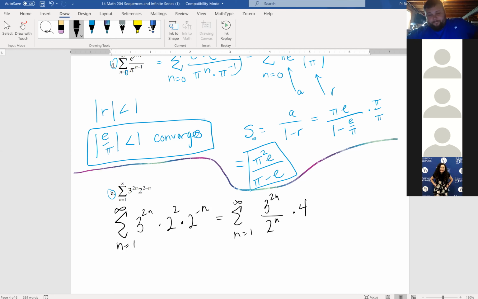Could you make it 3 squared over 2 to the power of n? So what am I doing with this n is the question then. Did you mean this? Yeah. That's okay. That's good.